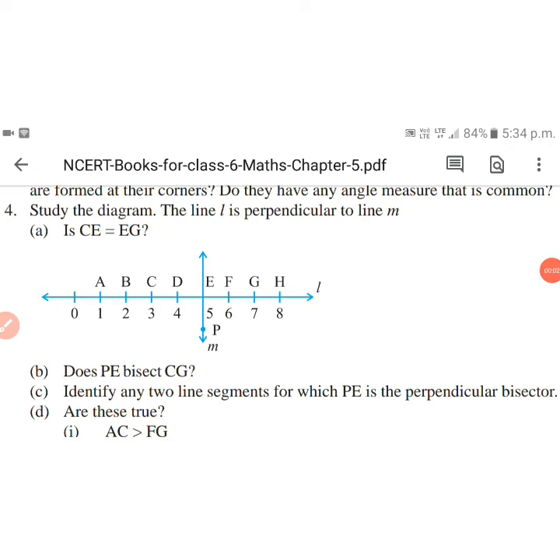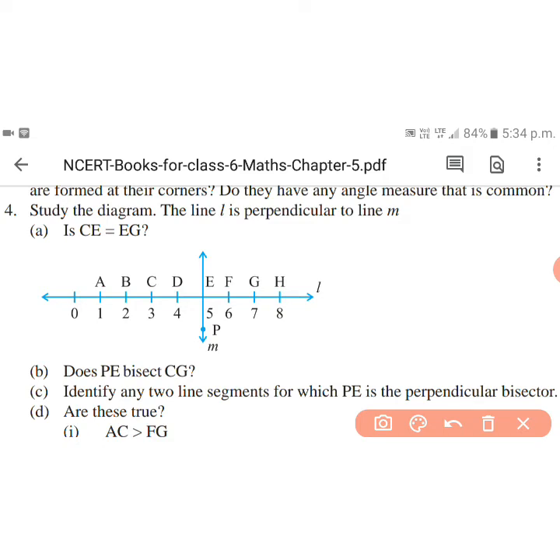Question number 4. Study the diagram. The line L is perpendicular to line M. A part is CE equal to EG. We have to verify CE equal to EG.